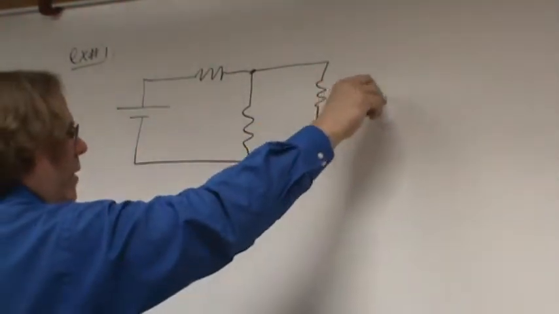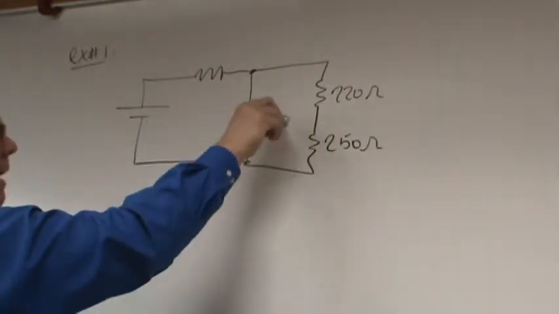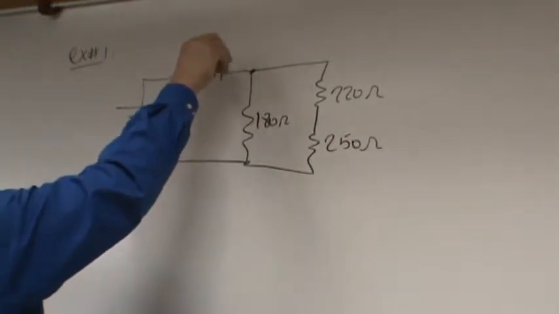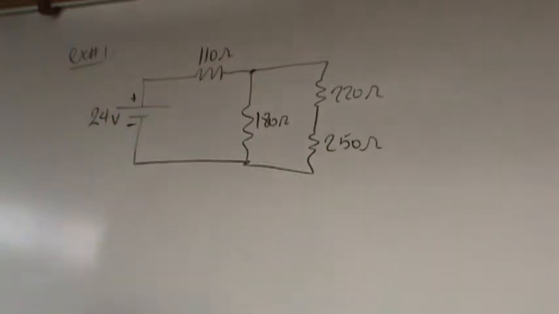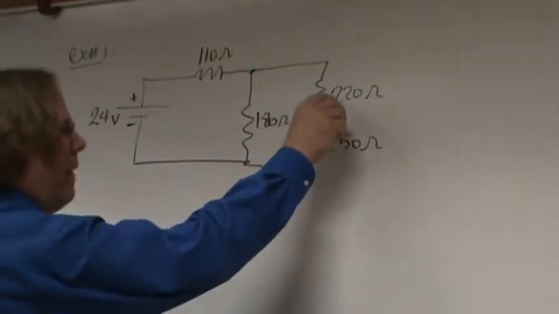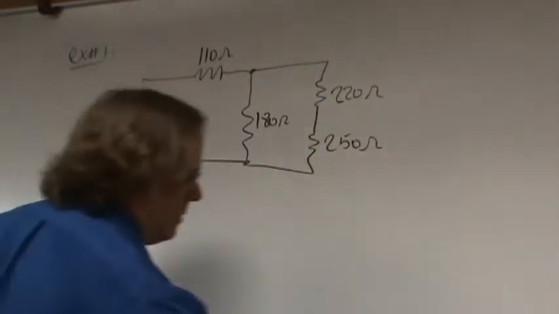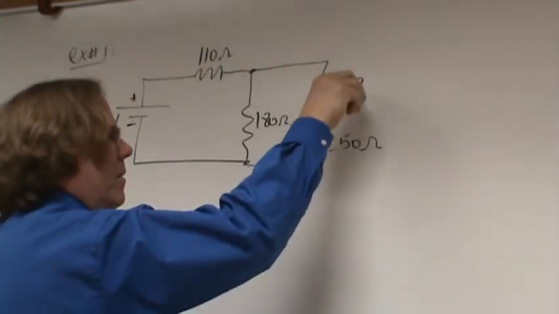This is 220 ohms, this is 250 ohms, this is 180 ohms, and this is 110 ohms, and this is a 24-volt battery. Watch the trail. 220 ohms. I don't know if that looks like 220. Here, I'll do it better.